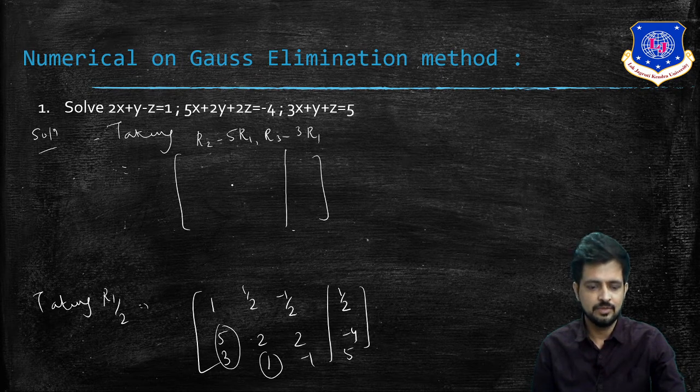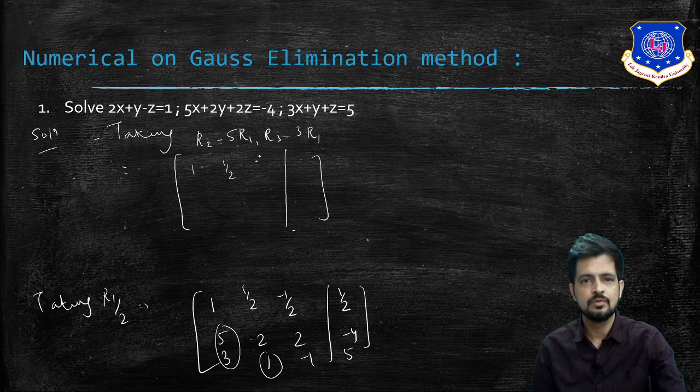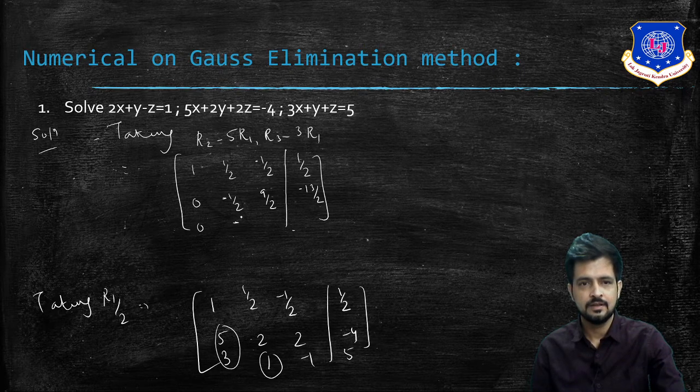So my matrix will be, updated matrix will be 1, 1 by 2, minus 1 by 2, and here 1 by 2 will come. Okay, then 0, minus 1 by 2, 9 by 2, minus 13 by 2, and then here 0, okay, minus 1 by 2, 5 by 2, and 7 by 2.